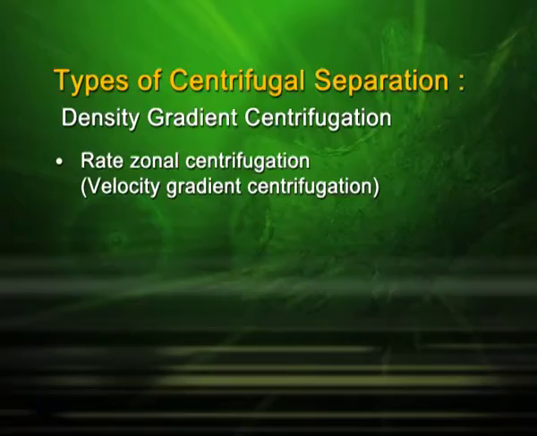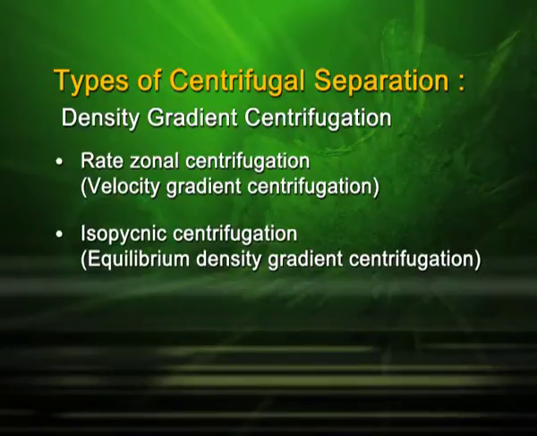Density gradient centrifugation is of two types. One is rate zonal centrifugation, and the second one is isopycnic centrifugation. Now, let us discuss rate zonal centrifugation, otherwise known as velocity gradient centrifugation. As you all know, it is a type of density gradient centrifugation, so a density gradient media will already be placed inside the centrifuge tube.